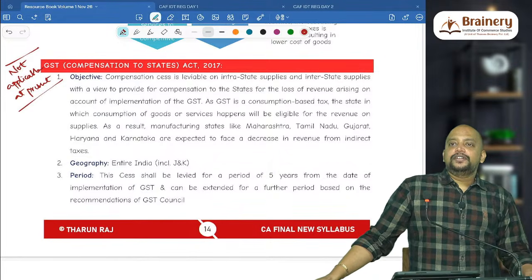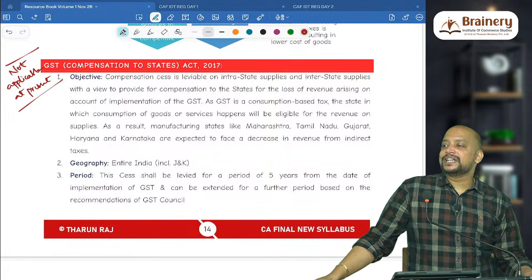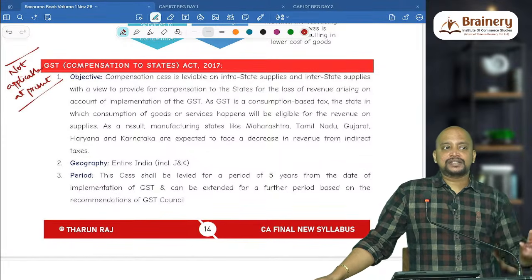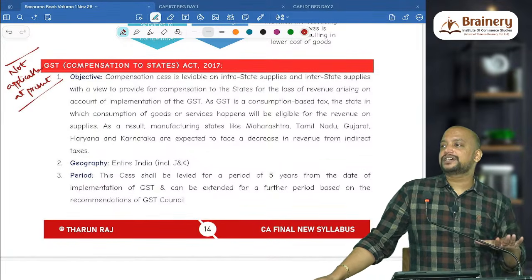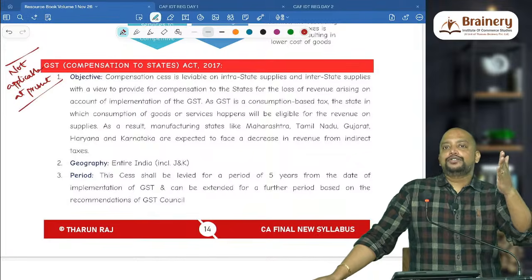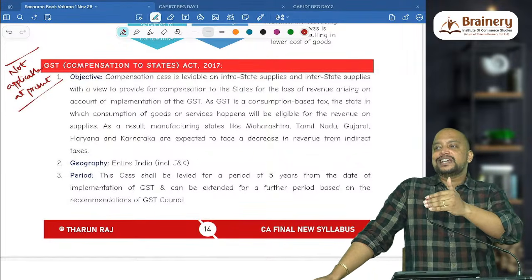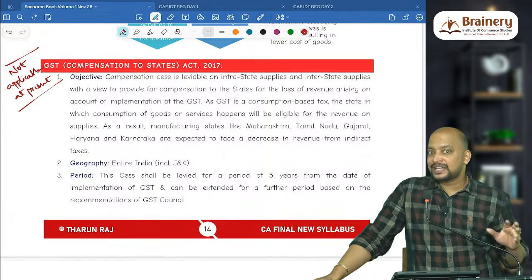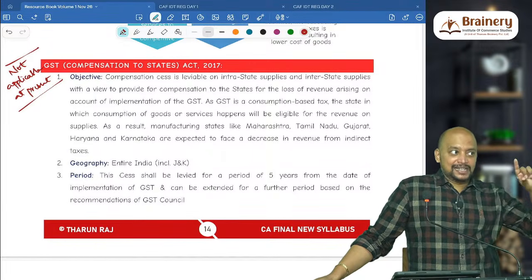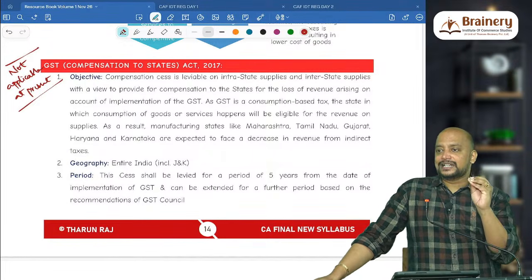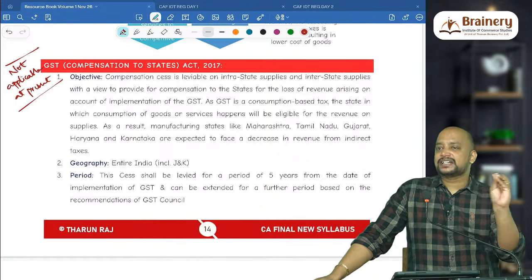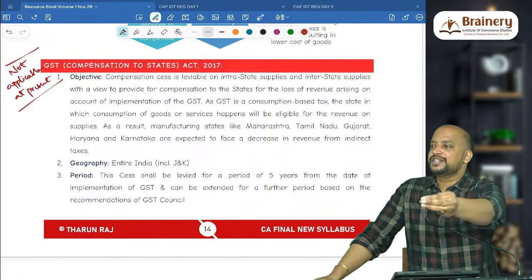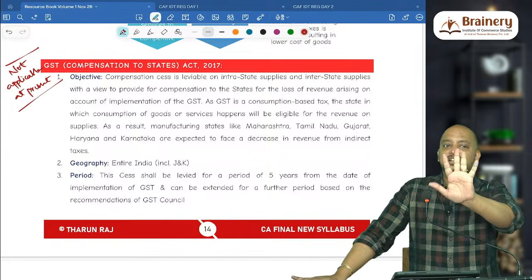So 31st March 2026, that is the end date for GST compensation cess. Then why did you give it in the book, sir? For your exam, all changes up to April will be applicable for the November exam. They gave this in the study material, so for that reason I gave it, but literally they will not ask any question, don't worry. I am discussing for the next 5 minutes what it is about, for general knowledge purpose only.